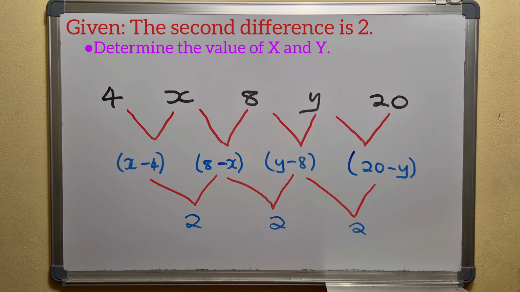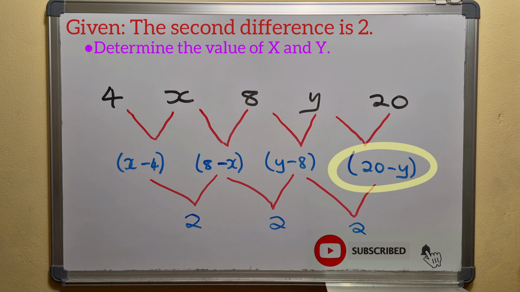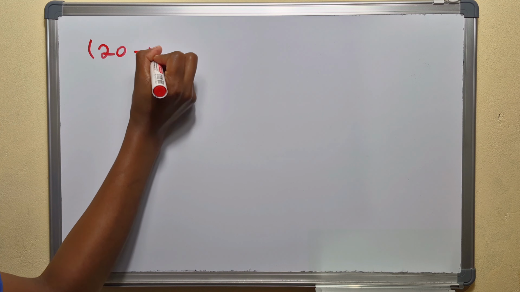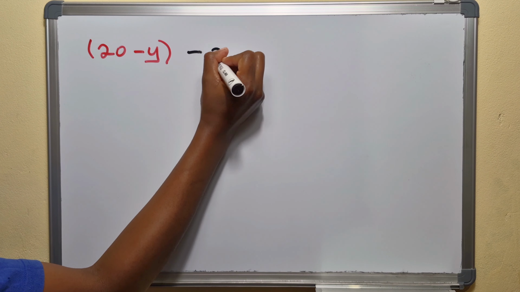Determine the value of x and y. The difference between these values is 2. So from this value, you minus 2 to find this value. And that is how we're going to be writing it down to find the value of y. So we have 20 minus y minus 2 equals y minus 8.